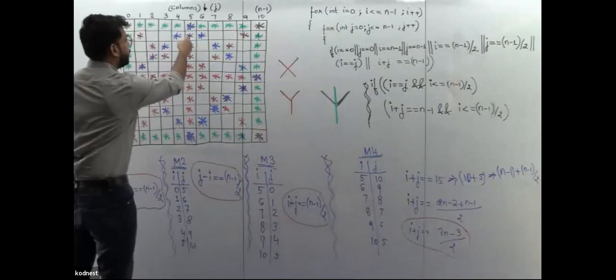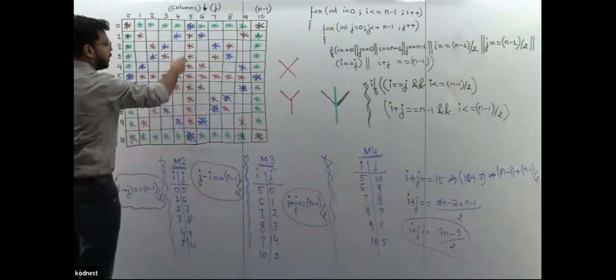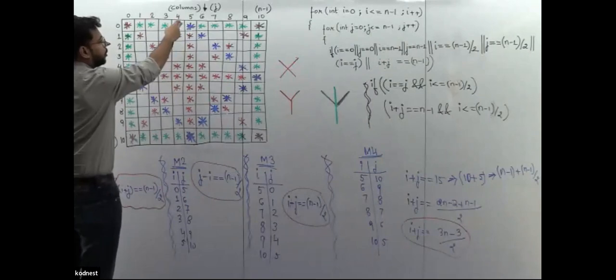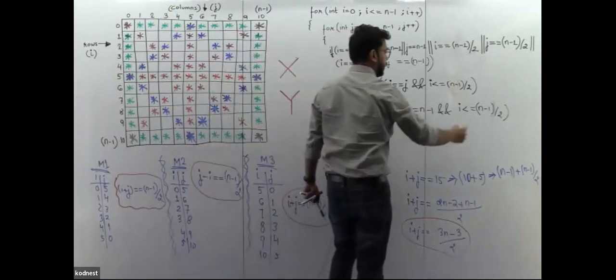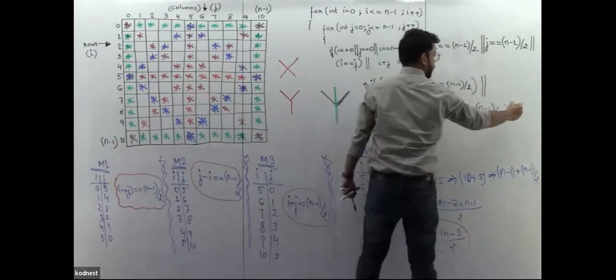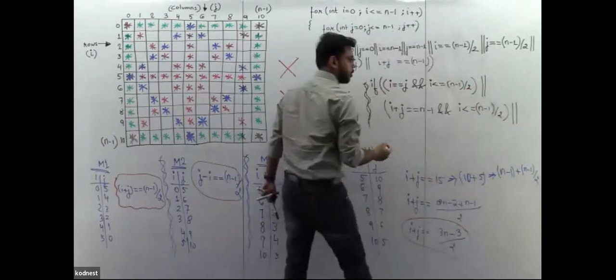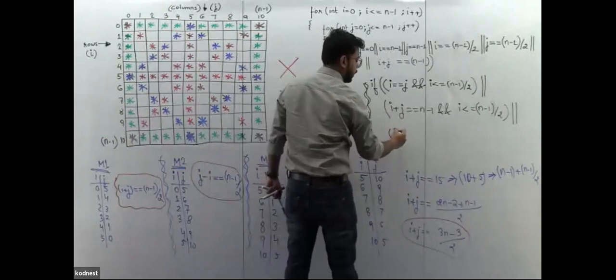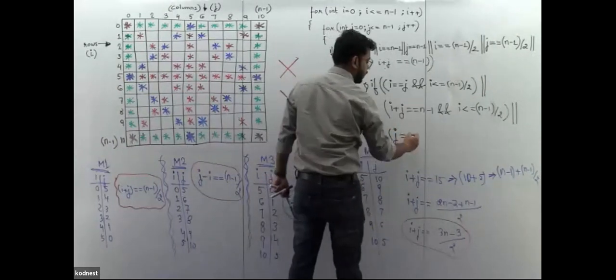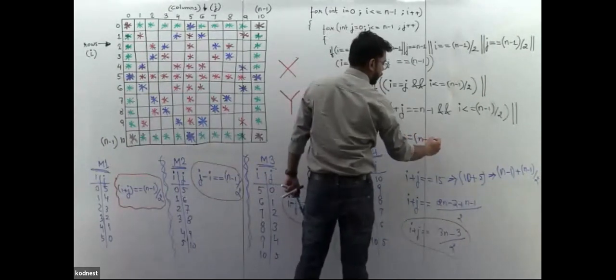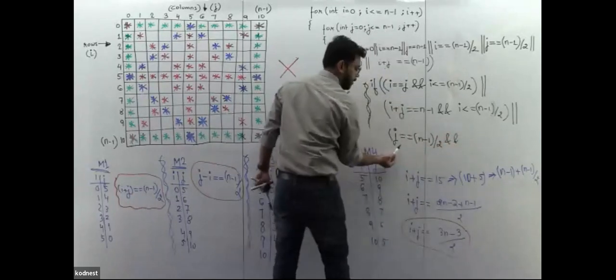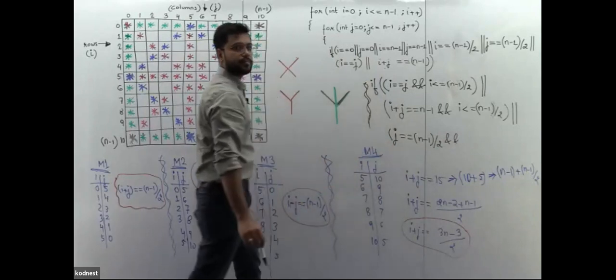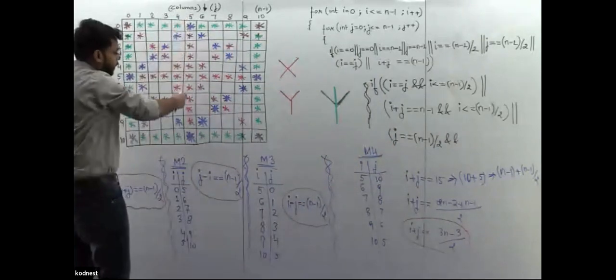What is the condition for this? j is equal to n minus 1. So I will write again here, or, in between all these conditions OR is going on, or here j is equal to (n minus 1) divided by 2. And if you write this, you will get this one completely.